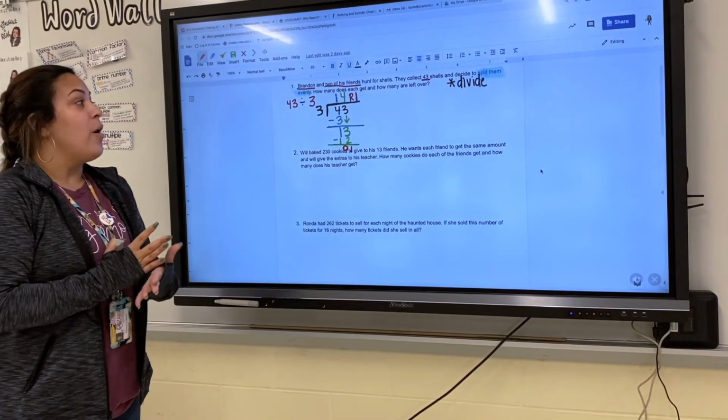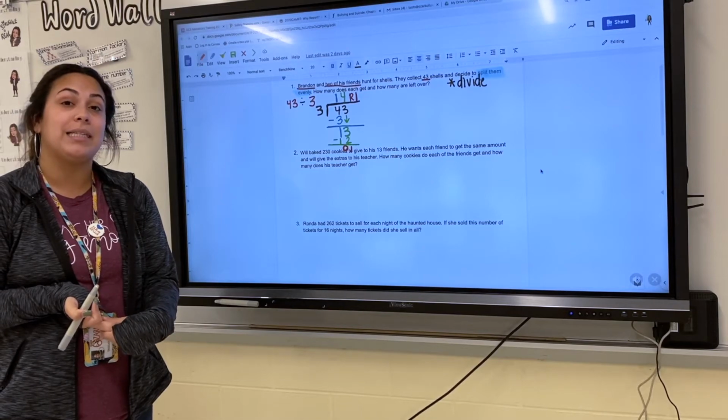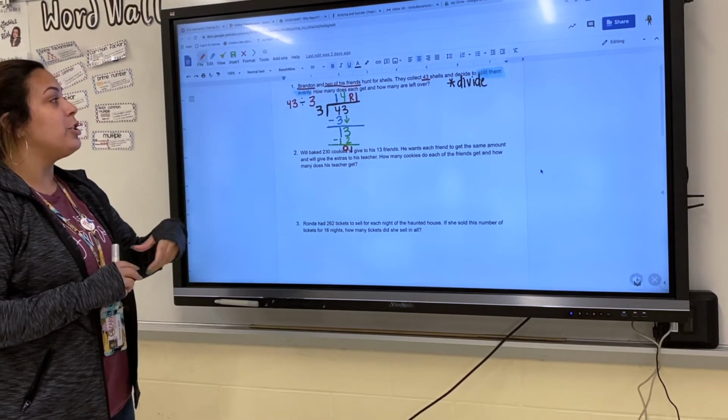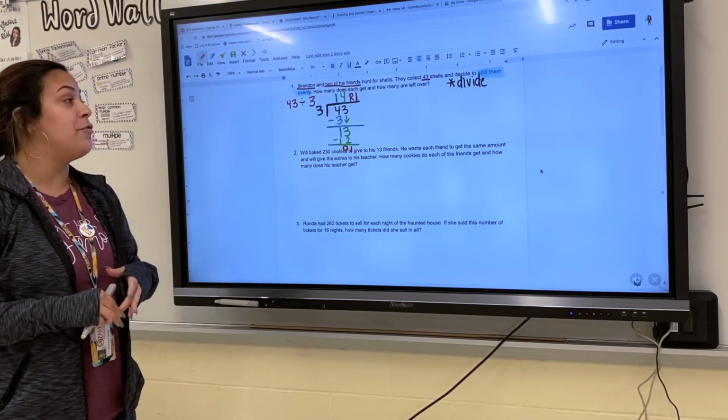But remember, with word problems, I want us to write our answers in complete sentences using the information in the word problem. So the question says, how many does each get, and how many are left over?